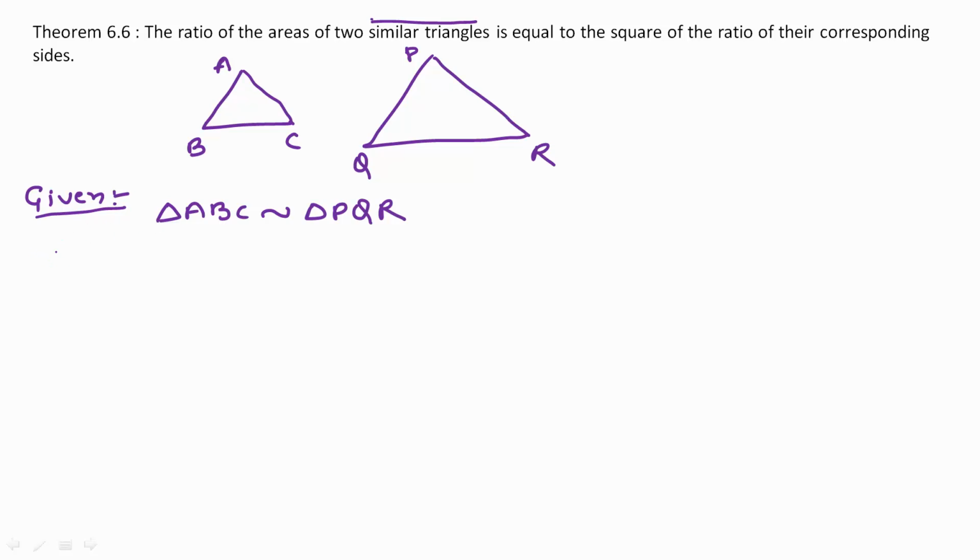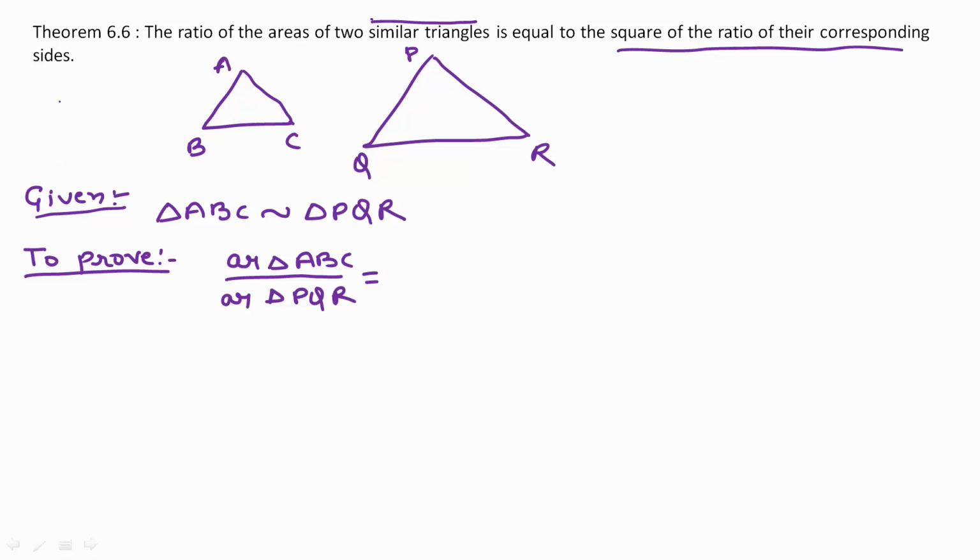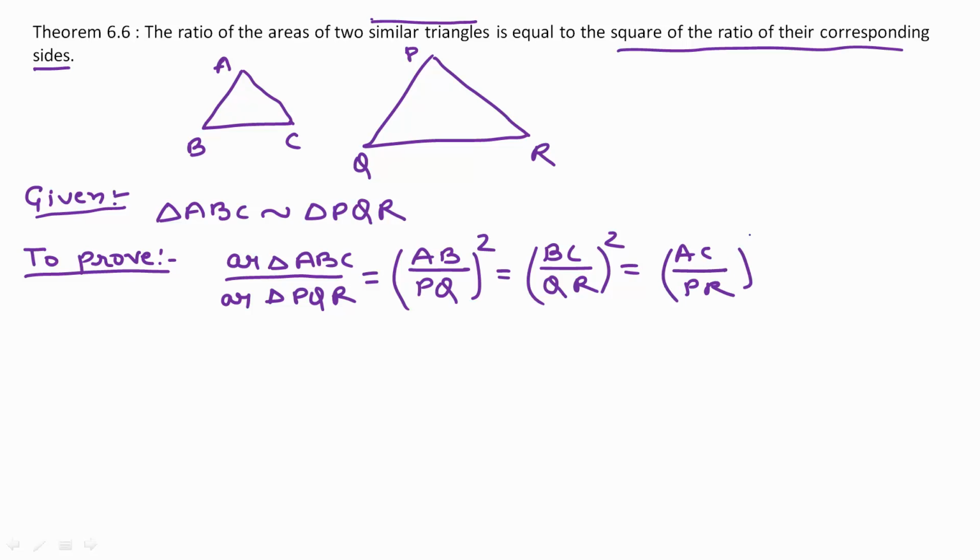Means we need to prove that area of triangle ABC upon area of triangle PQR is equal to the square of the ratio of their corresponding sides, that is AB upon PQ whole square is equal to BC upon QR whole square is equal to AC upon PR whole square.